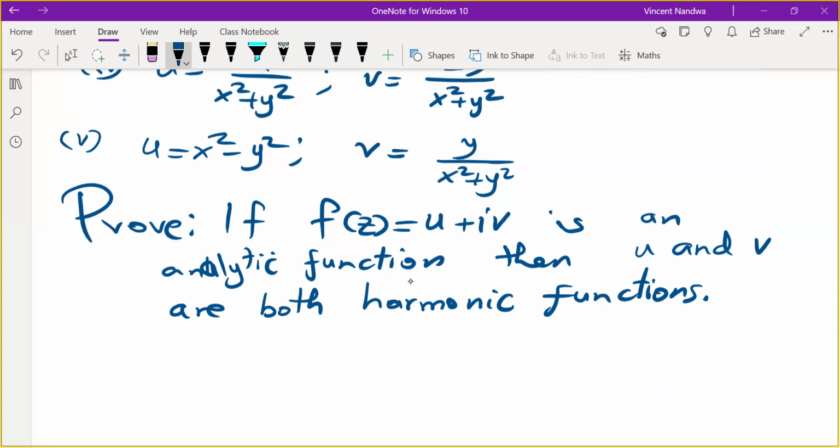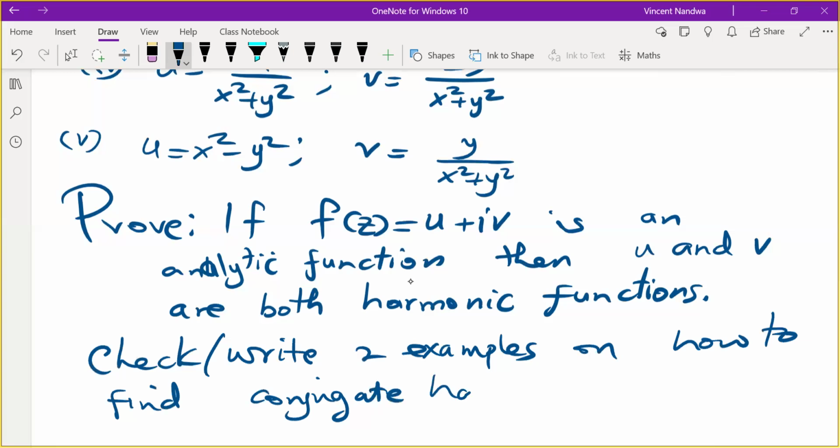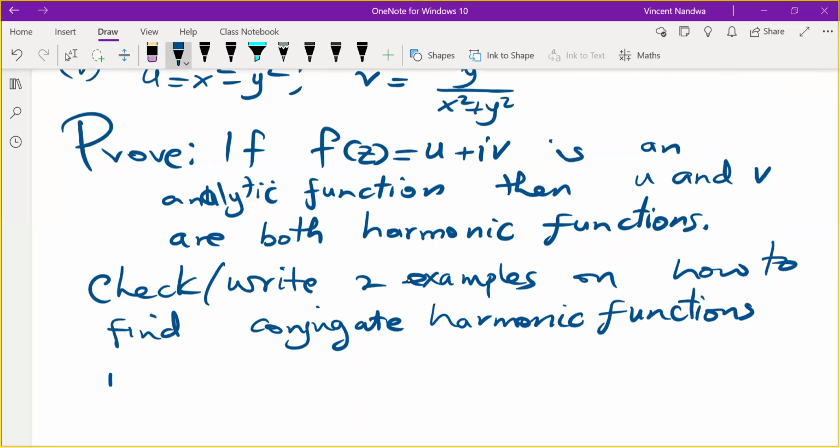And also write, say, 2 examples on how to find conjugate harmonic functions when given one of the 2 functions.